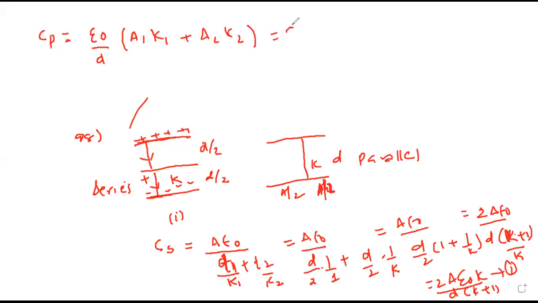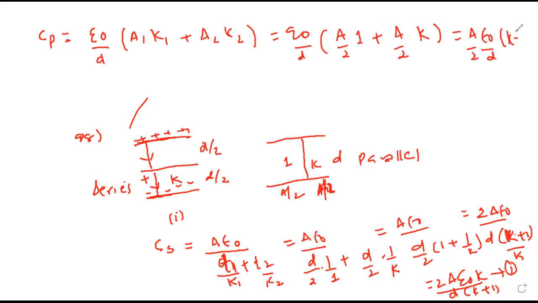So this will become epsilon naught by d, area A by 2, first dielectric is 1, so into 1 plus A by 2 into K. So it equals A by 2 epsilon naught by d into K plus 1.